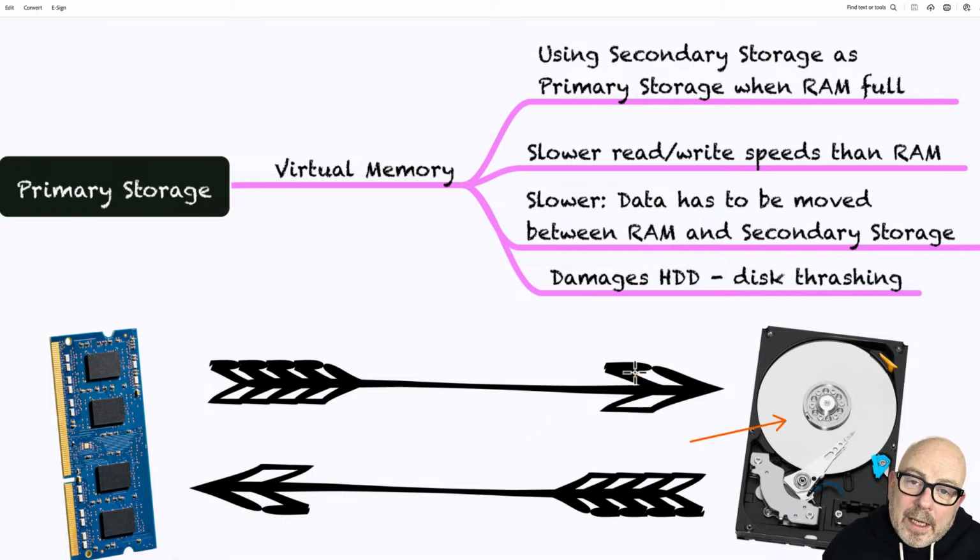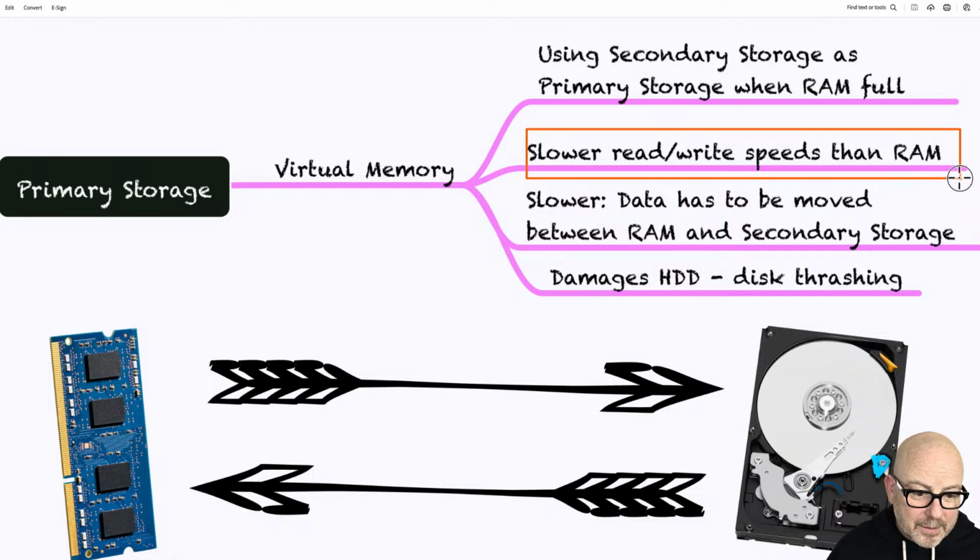So it's quite an effective system. It means that once RAM's full, because you need more RAM, because you want to hold more data, you can use your secondary storage. The problem is there are all sorts of problems. The first problem with using your secondary storage as RAM is that it is much slower, and it's slower for two reasons. First of all, because you end up with slower read-write speeds.